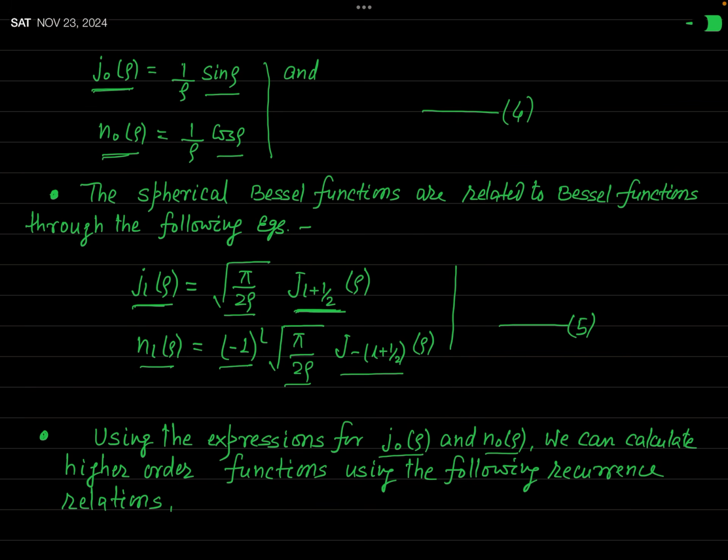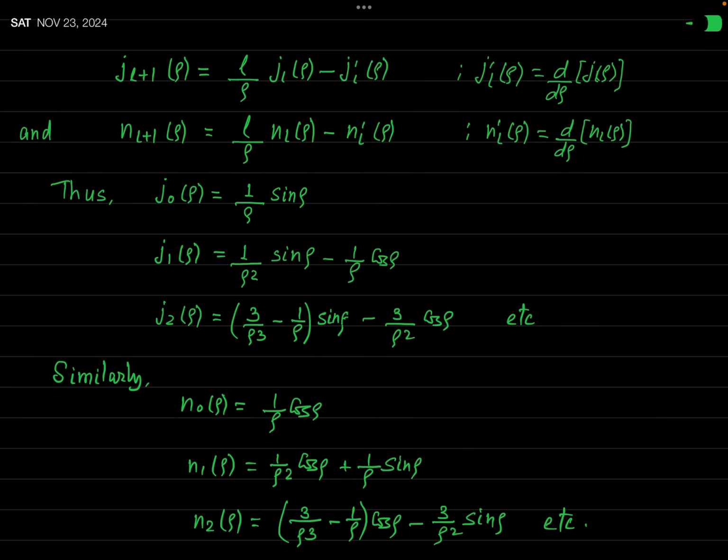When you watch my videos on Bessel functions in mathematical physics, you will see a set of recurrence relations obeyed by these Bessel functions, and you will also find the proof of those recurrence relations. But I have mentioned two recurrence relations here directly, and you have to remember them.